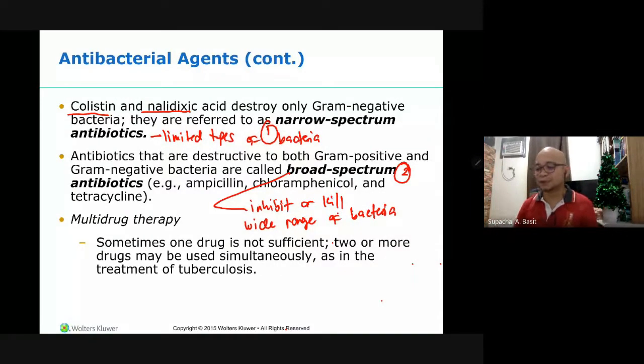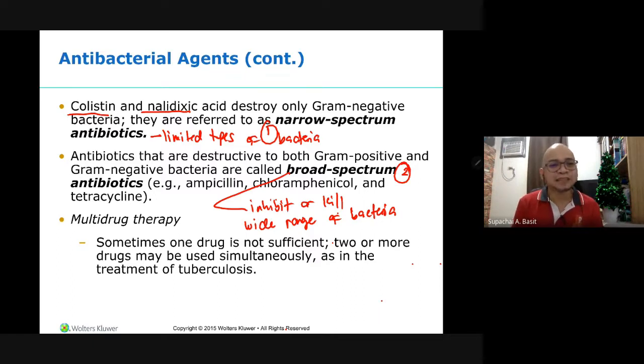For example, ampicillin, chloramphenicol, and tetracycline are considered broad spectrum because they are destructive to both gram-positive and gram-negative bacteria. Hence, they are called broad-spectrum, unlike colistin and nalidixic acid, which could only destroy gram-negative bacteria and are considered narrow-spectrum.